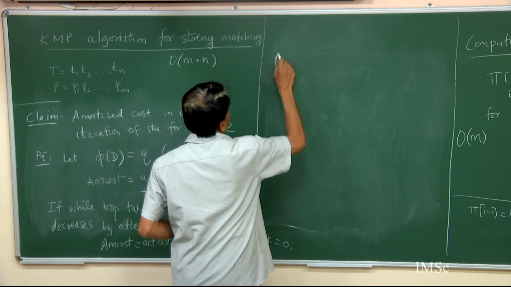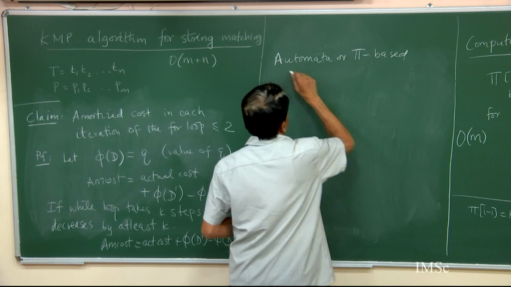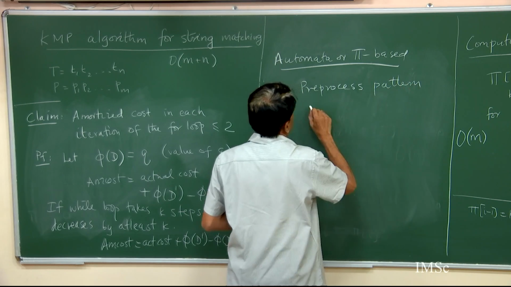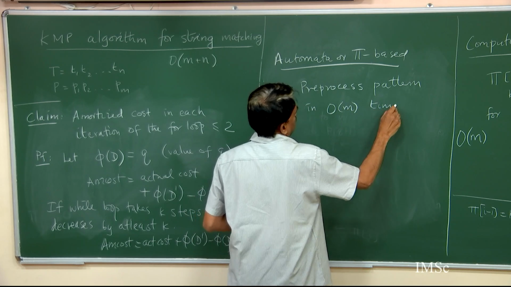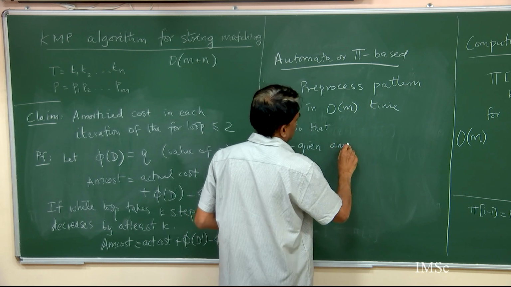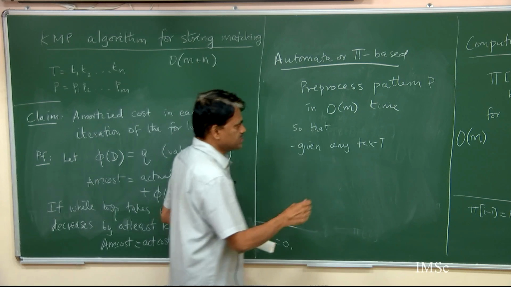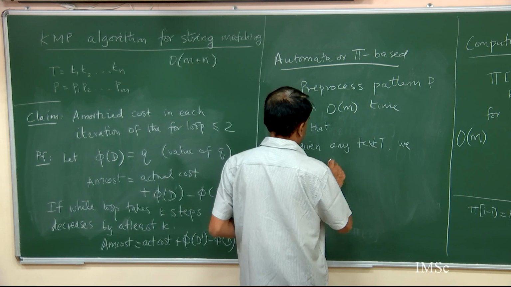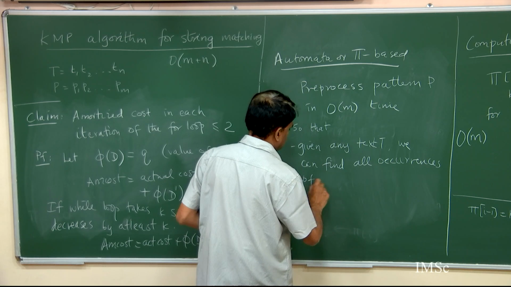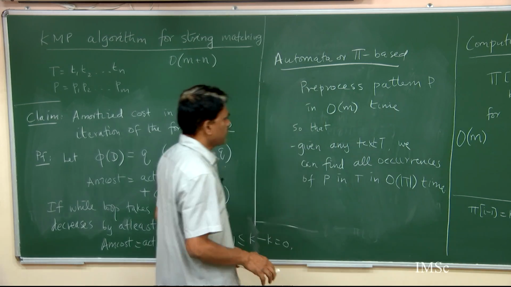So, let me just write this. Automata based or this pi based, which is: pre-process the pattern in order m time, so that given any text, so that means text changes, text is my query, we can find all occurrences of P in T. This is a spin-off of the KMP algorithm.